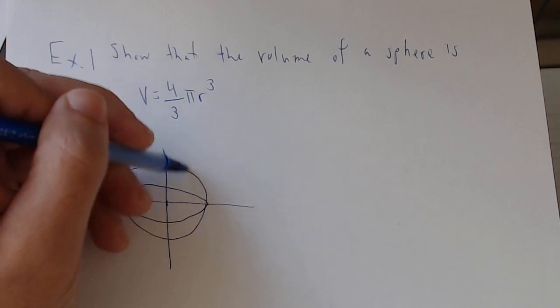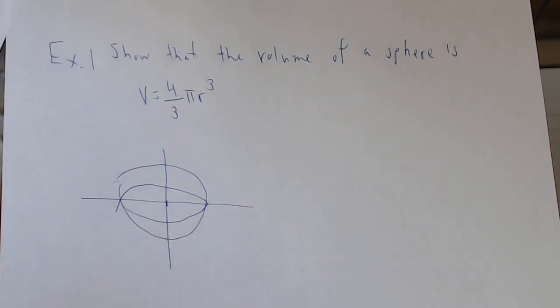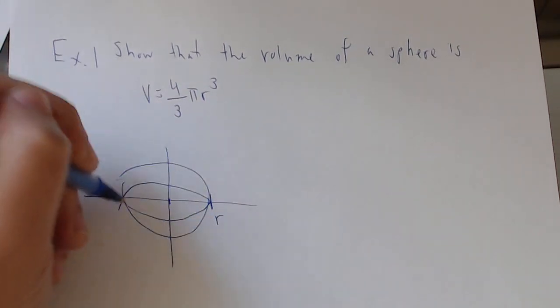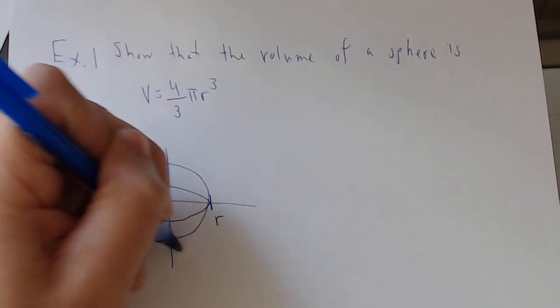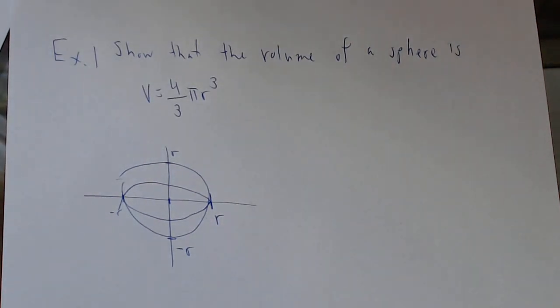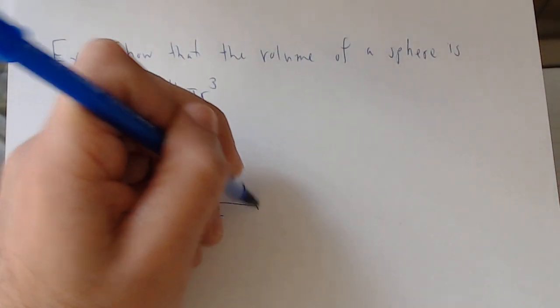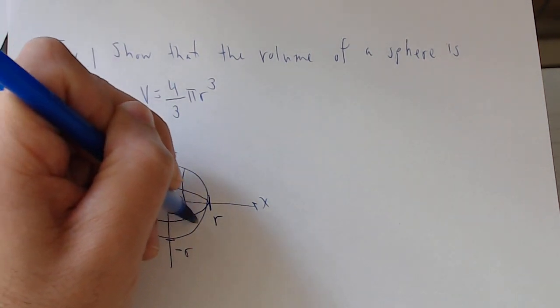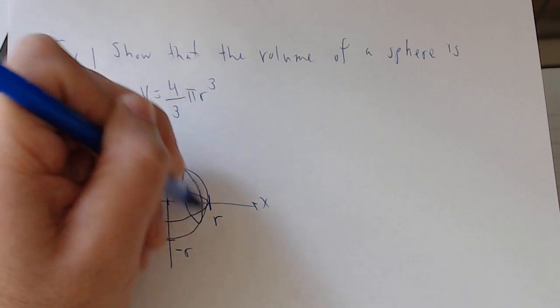And if I take vertical cross sections, I'll also get circles. So in this case, it doesn't matter. And by the way, this is going to be r, negative r, because this has a radius of r. So it doesn't matter what kind of cross section we take. So I'm going to take cross sections perpendicular to the x-axis. A single cross section is going to look like this.